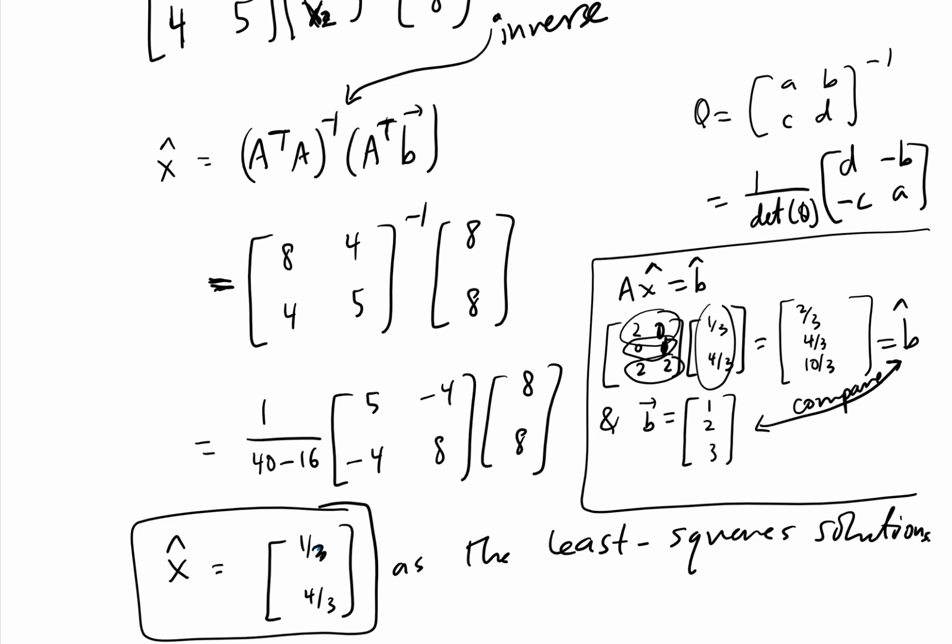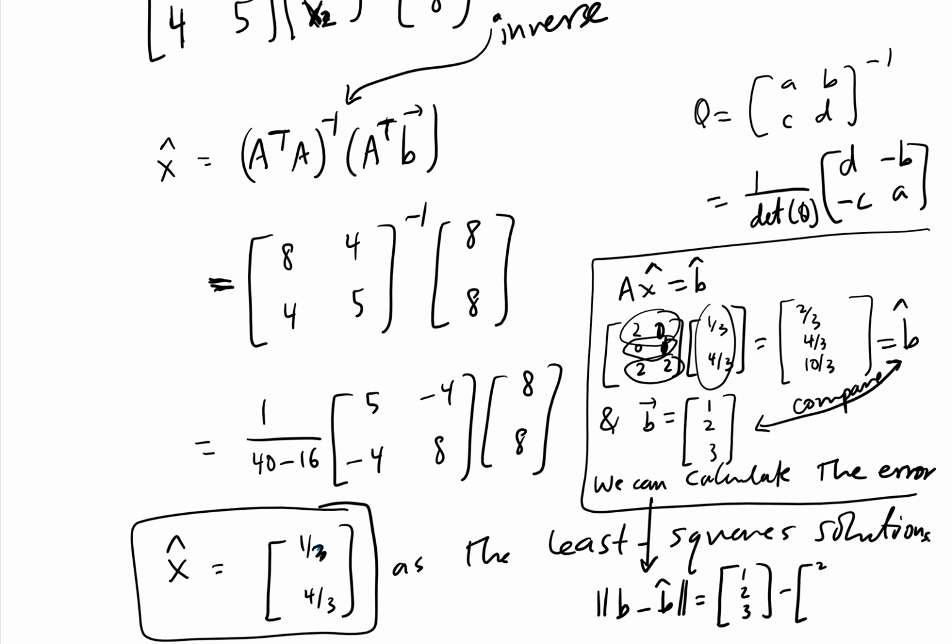We can calculate the error, we call it. And what's the error? Let me write it down here, it is b minus b hat. So b here was 1, 2, 3, and b hat is 2/3, 4/3, 10/3. So then you find the magnitude.